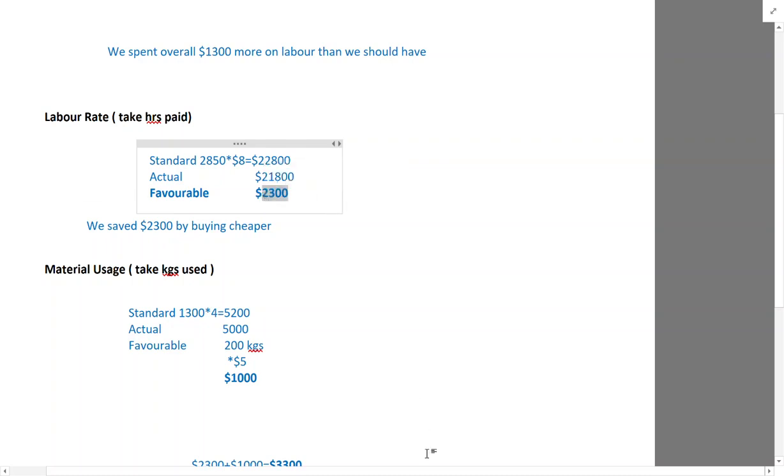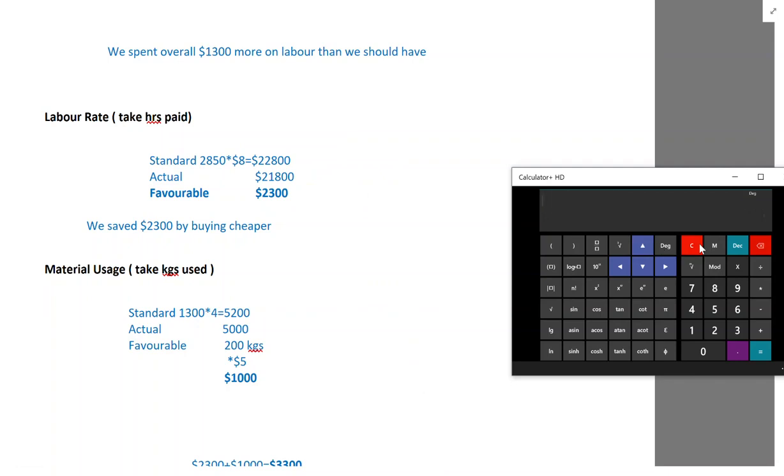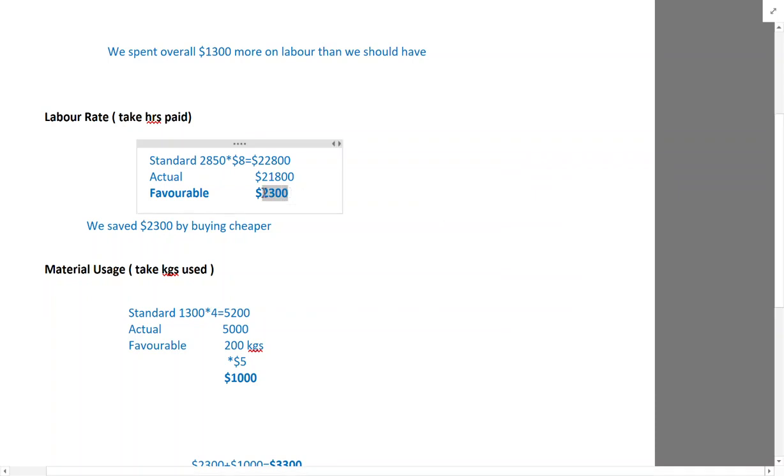We saved on payment. So that means 1,300 saved, yeah? We saved 1,300 by paying less.